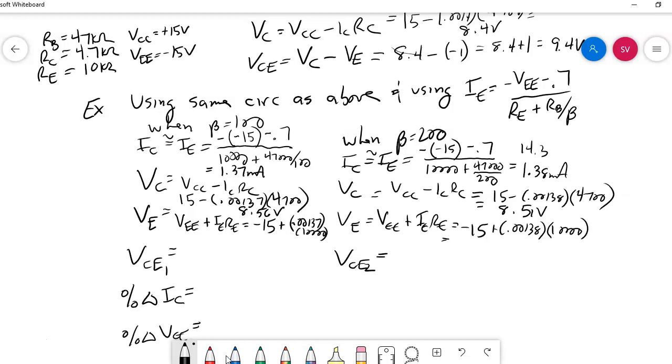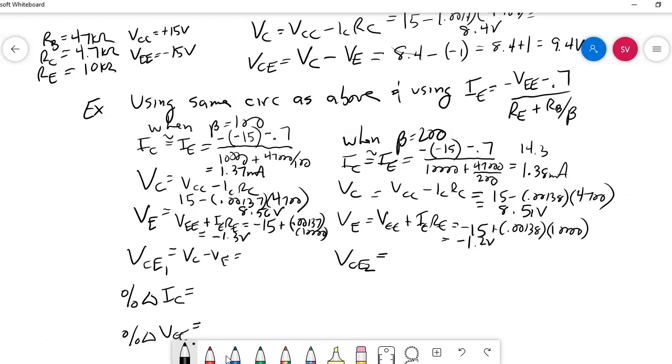And we should get a VE value of, over here, minus 1.2 volts. And then over here, when beta is equal to 100, we should get about minus 1.3 volts, which is pretty close to minus 1 volt. Then we could calculate VCE just by taking your VC minus your VE.